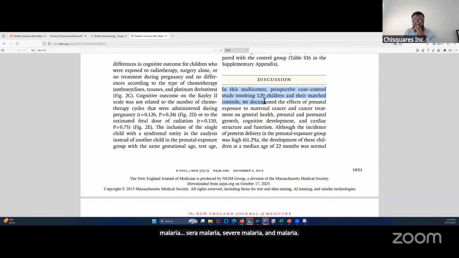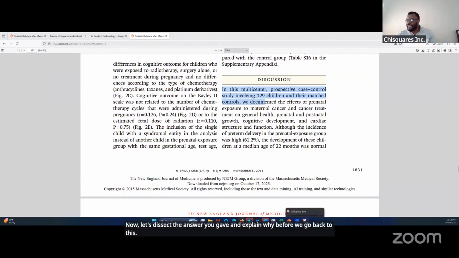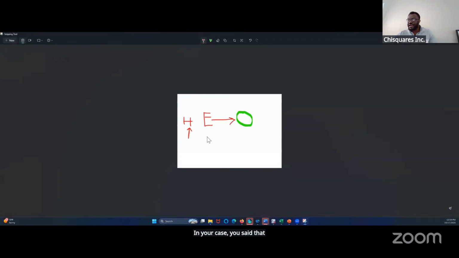Okay, before we move on, let's clarify that case control studies can never be prospective. Now let's dissect the answer you gave and explain why. In your case, you said that you have exposure here and you have an outcome.